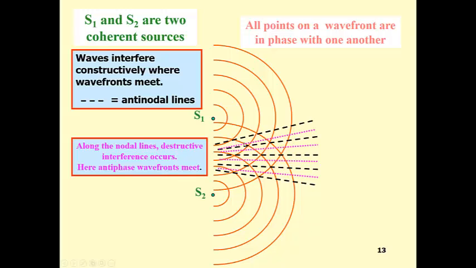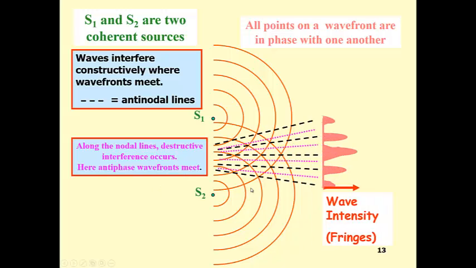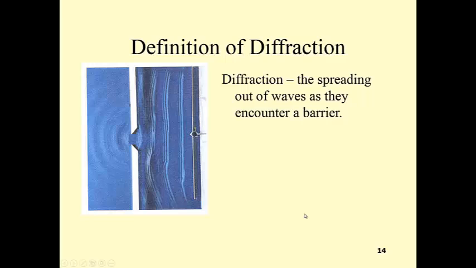And you can see that in this point here, hopefully, which is out of phase. So you see it's between those antinodes, you'll have a node where you get destructive interference. And because of that, you get a range of wave intensity. And these are called fringes. And this happens in ripple tanks, in mechanical waves, but also happens with light waves.